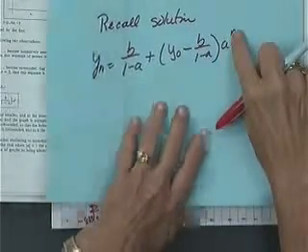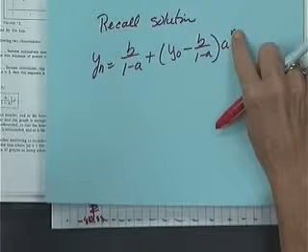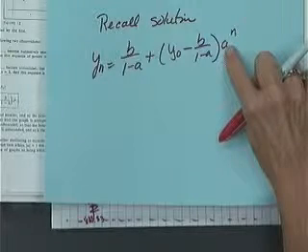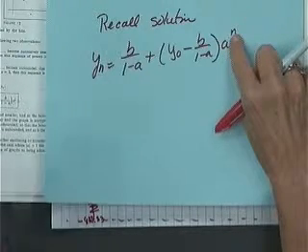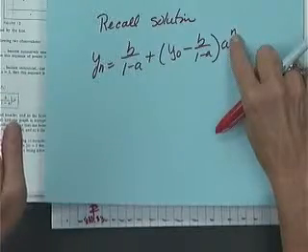A is going to be a number raised to the 1, 2, 3, 4 power. If a is positive, when you raise a positive number to a 1, 2, 3, 4, 5 power, it's going to be positive, right? But what happens if you raise a negative number to a 1, a 2, a 3, a 4, a 5, a 6? It's going to go from negative to positive, and that means it's going to oscillate.